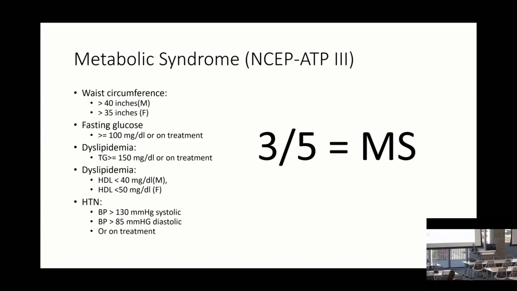Either systolic of more than 130 or diastolic more than 85, or if you're taking medication and your blood pressure is below these reference ranges, that will qualify as well. So if you have 3 out of 5 of these, then that meets criteria for metabolic syndrome.